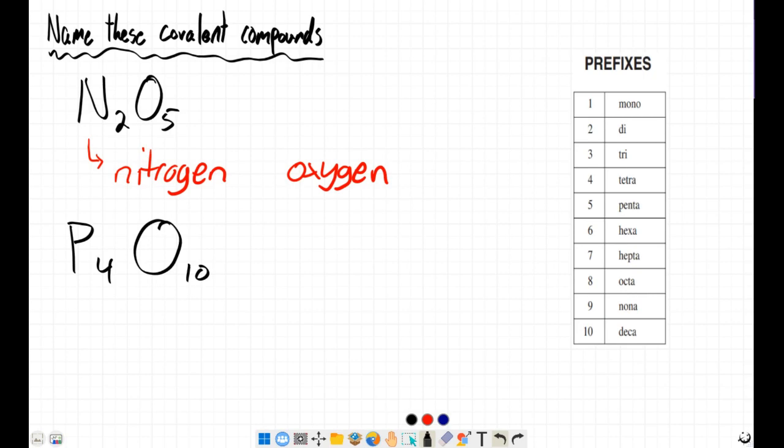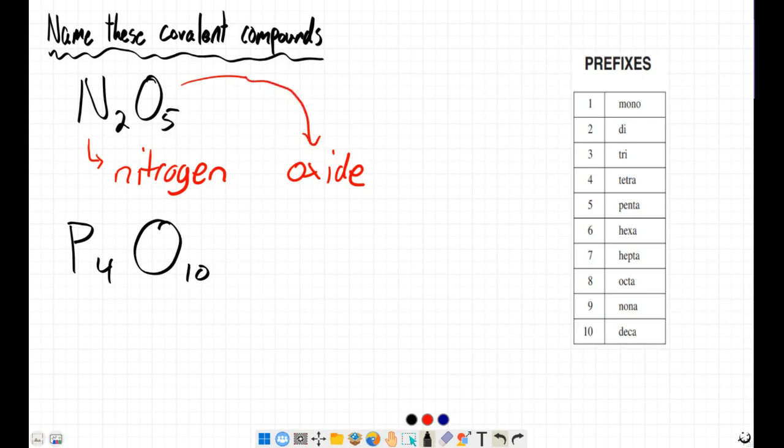Covalent compound names will follow the same rule as ionic compounds, where we have to modify the end of the name to -ide. So oxygen turns into oxide. And that was the O there.